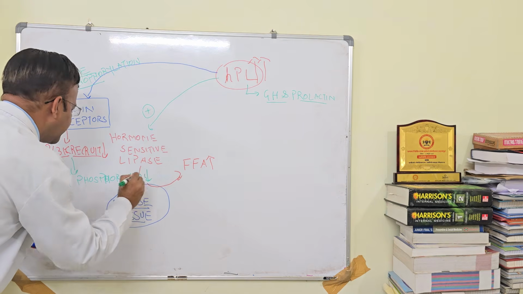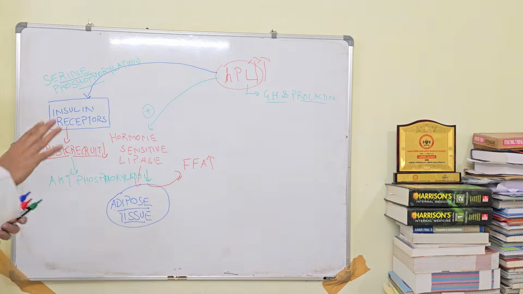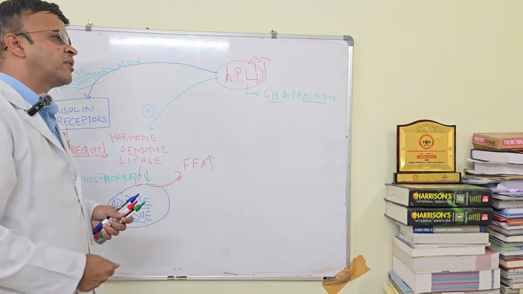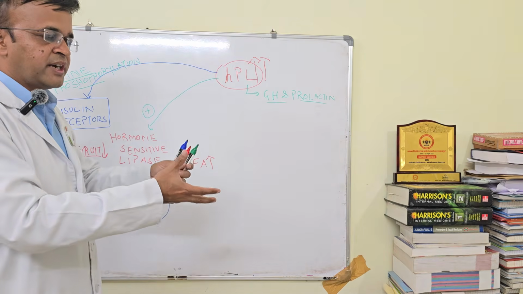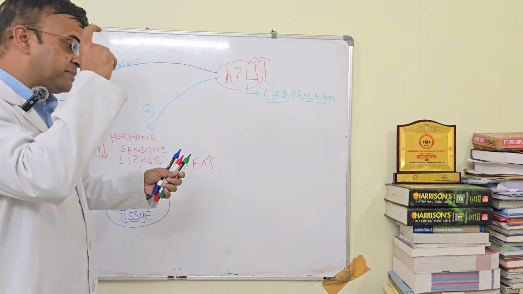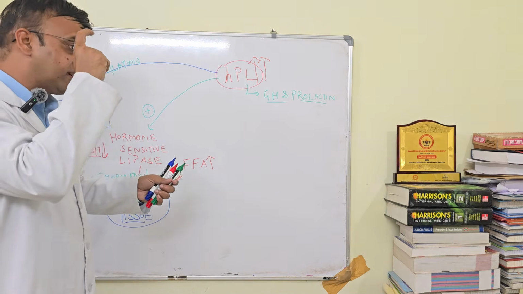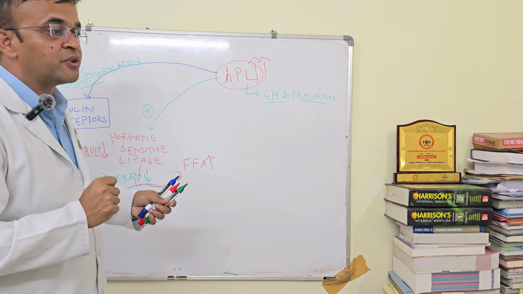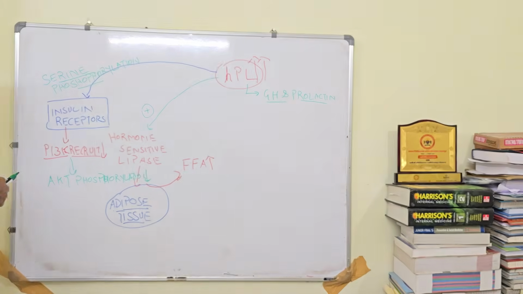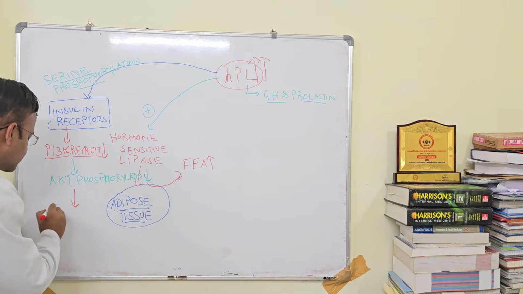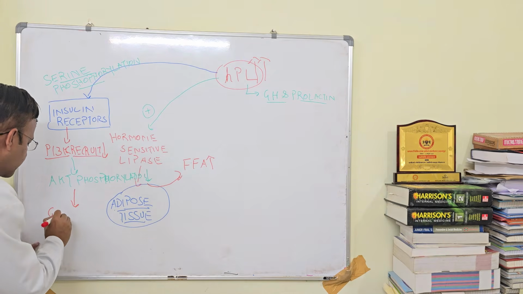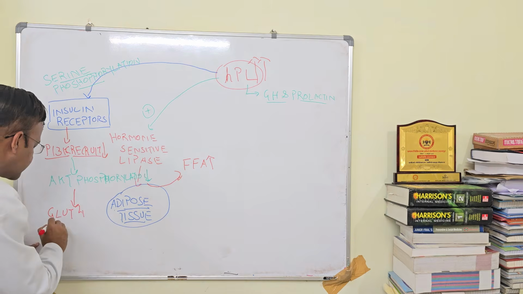Since this AKT phosphorylation is reduced, and AKT phosphorylation is very important for the transport of GLUT4, the transport channel involved in facilitated diffusion of glucose, GLUT4 won't be transported. So GLUT4 translocation will reduce.